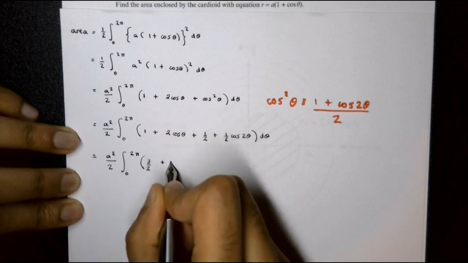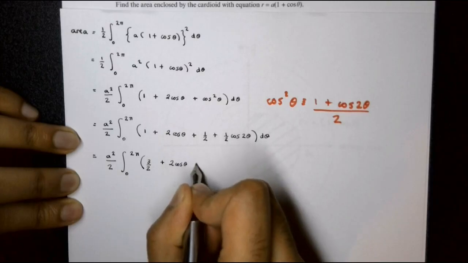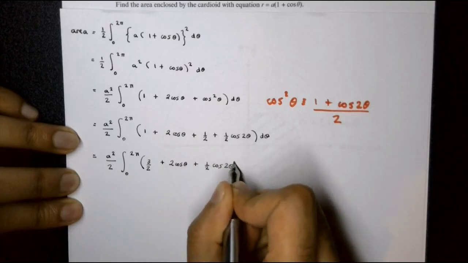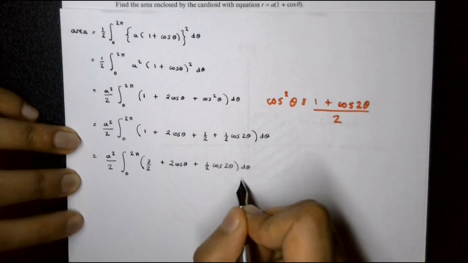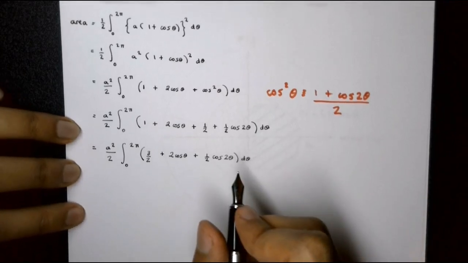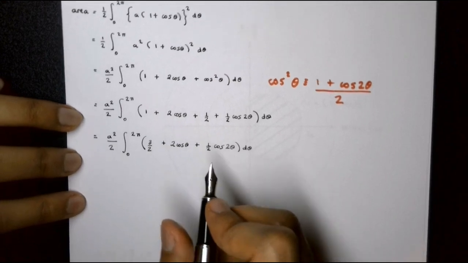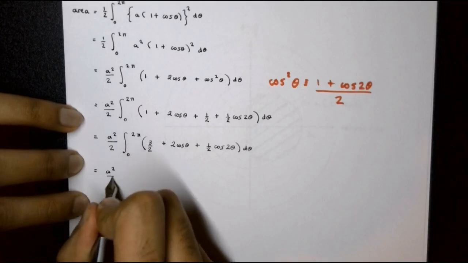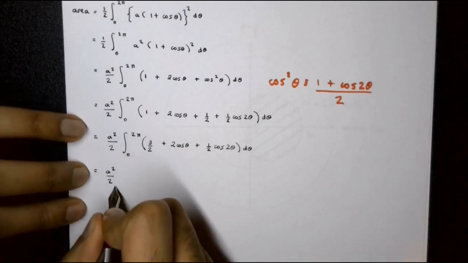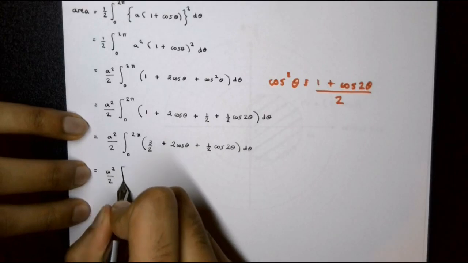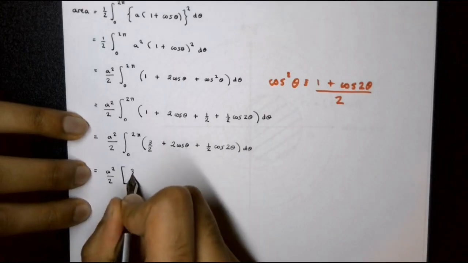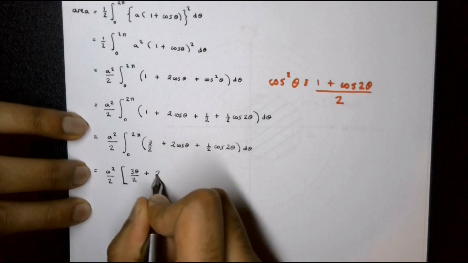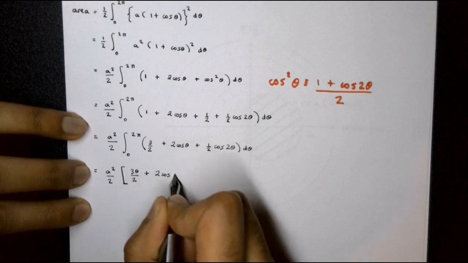And then we've got the 2 cos theta, and here we've got the 1/2 cos 2 theta. So now, if we integrate as necessary, we still have a squared over 2, and then here we've got 3 theta over 2 plus 2 cos theta.